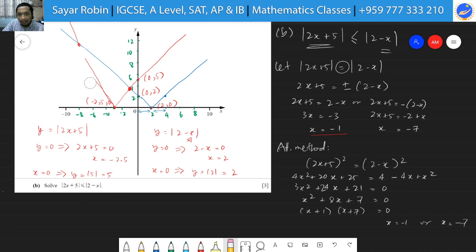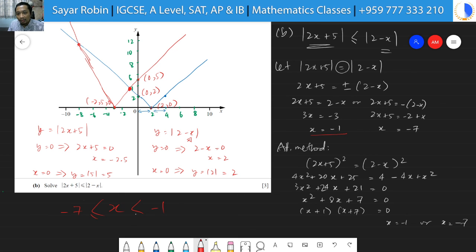So I'm going to erase these things. Okay, let's say like this. So we know the points of intersection of these two graphs, and we're going to find where the red graph is less than or equal to the blue graph, right? Therefore, our answer is that x must be between negative 7 and negative 1.